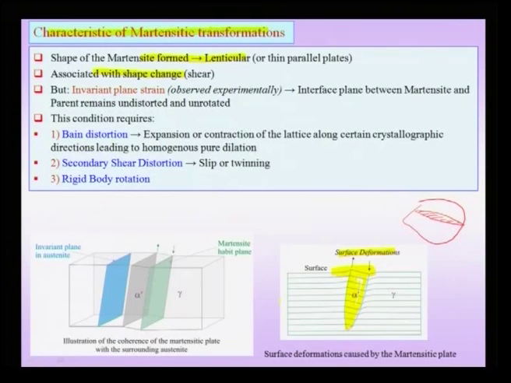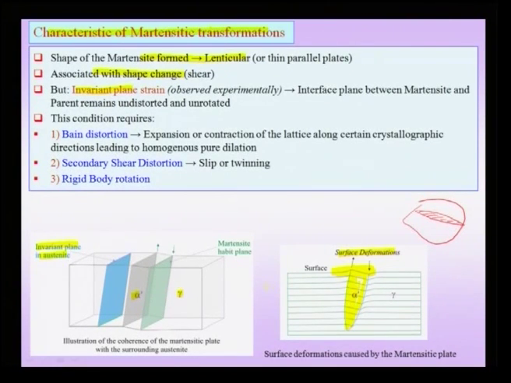There is one characteristic, which is that the shear strain is imposed in such a way that there is an invariant plane. There is one plane which remains invariant during this entire transformation. For instance, suppose this is my parent gamma in which I am forming my alpha prime, which is my martensitic phase, then I would notice that there is one plane which remains undistorted.